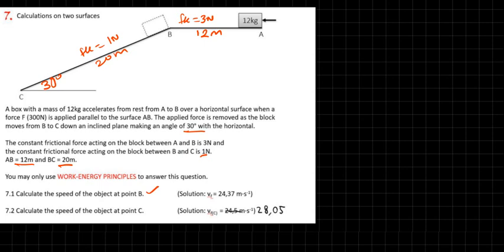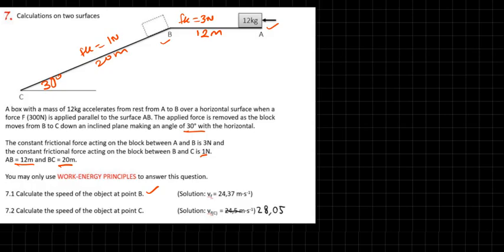Now, to calculate the speed of the object at point B, the object starts at point A from rest, and when an object starts from rest, its initial speed is 0. So we have to use an energy principle, and the one we can use here is the work energy principle.